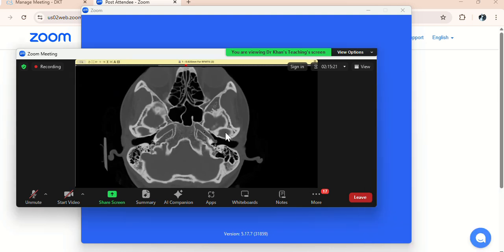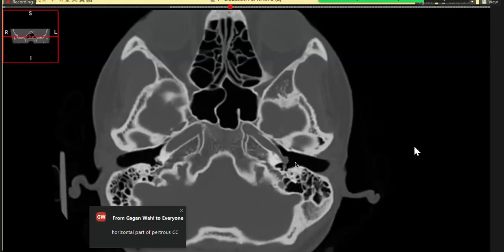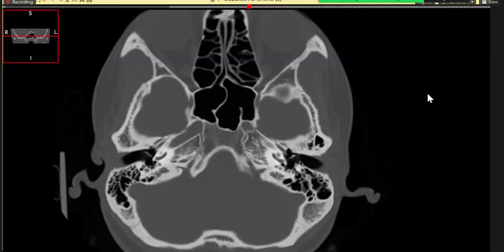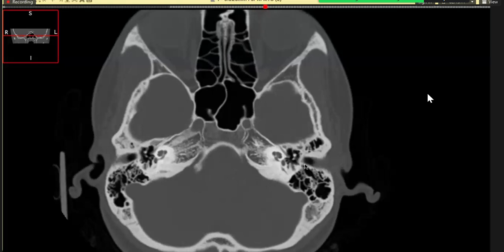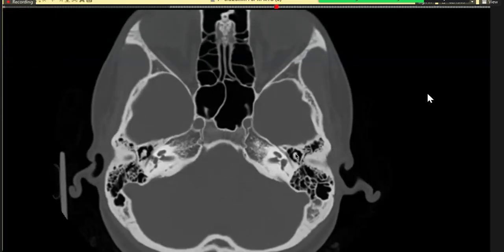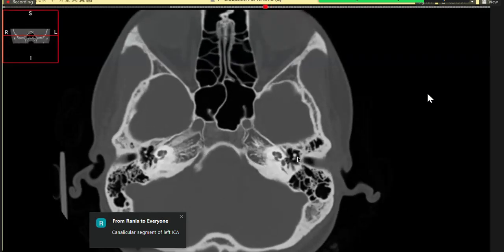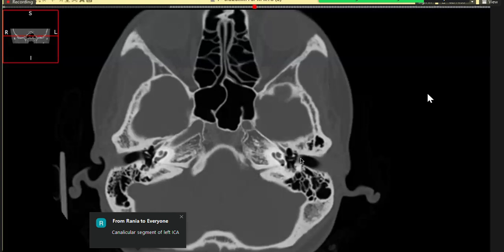Take you back to the middle ear cavity. Just to orient you, I have gone superiorly. This is the epitympanum, where we can see the head of the malleus and we can see the incus. Now I am coming into the mesotympanum, and here we can see the external auditory canal.